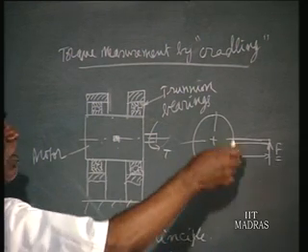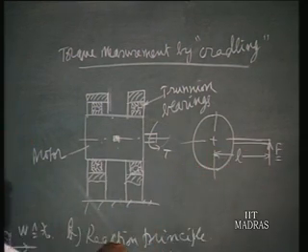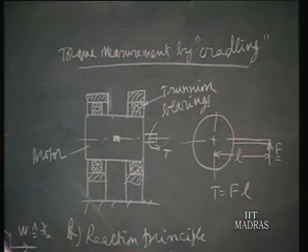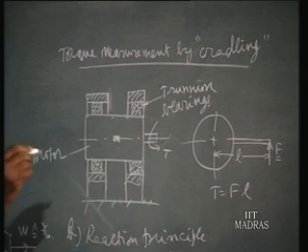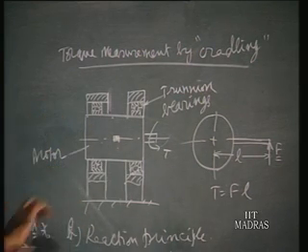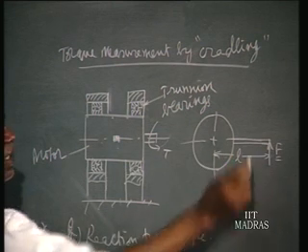So when the reaction torque is there, the torque is realized as a force at a lever arm, so the torque is equal to F into L. By measuring the force at a distance of the lever, that is what is shown here. The lever comes in front and is supported at the end, and by measuring the force we know the torque according to the relation, because L is fixed.